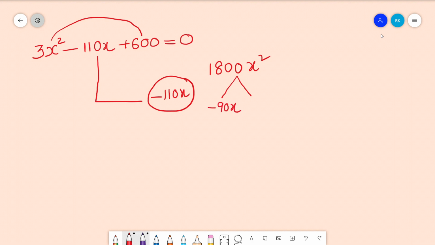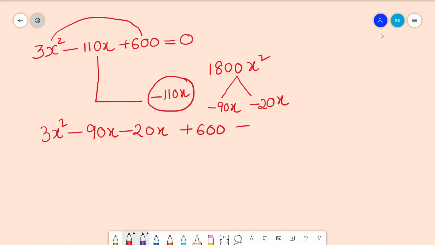Minus 90x, minus 20x are the factors. Now let us write the middle term as minus 90x and minus 20x, plus 600 is equal to 0.